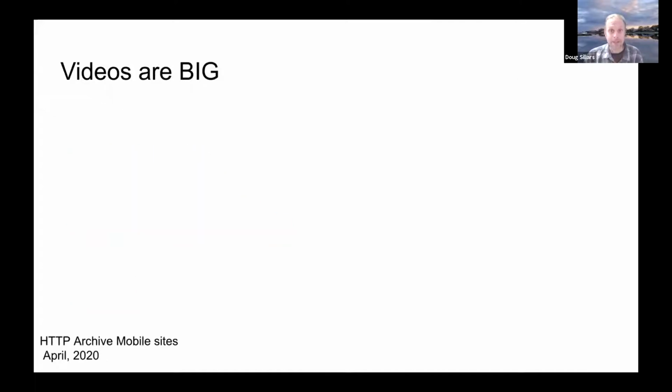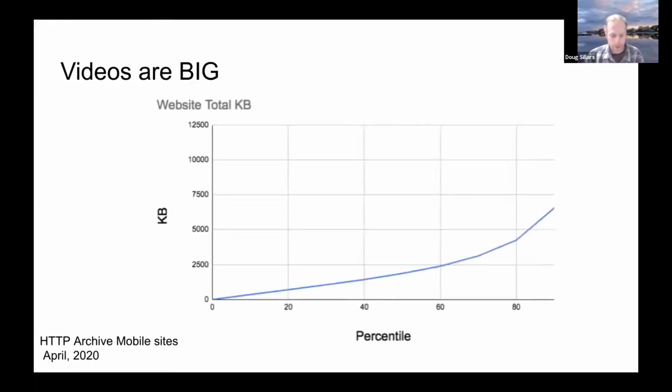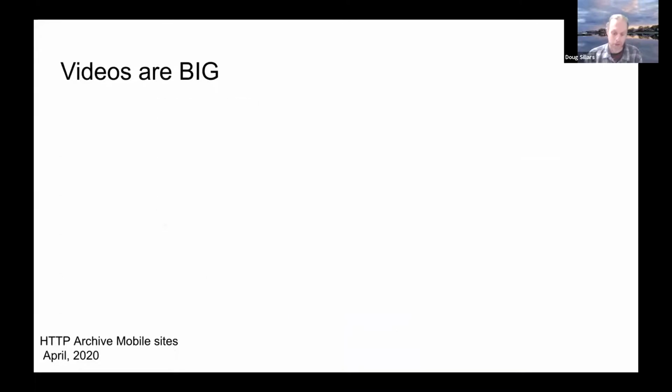Now, of course, the biggest thing when you're talking about videos on the web is that videos are really, really, really large. If you have videos on your web page, it's probably the largest thing. If your JavaScript is bigger than the videos, you've got other problems. That's another talk. But if we look at this, from a year and a half ago, I guess, this is the total kilobyte size on a web page. So the median web page is about 2 megabytes.